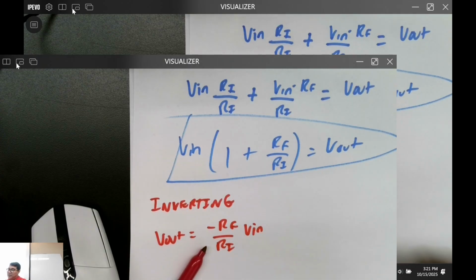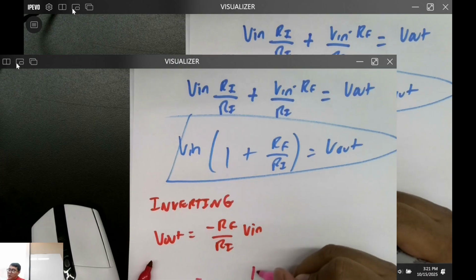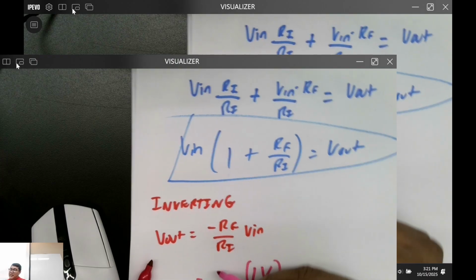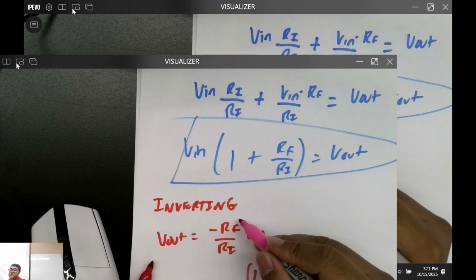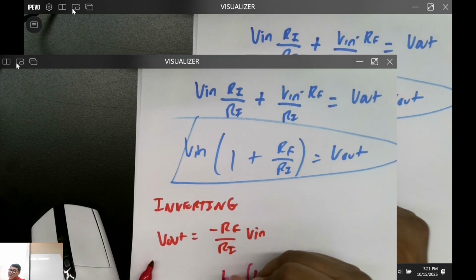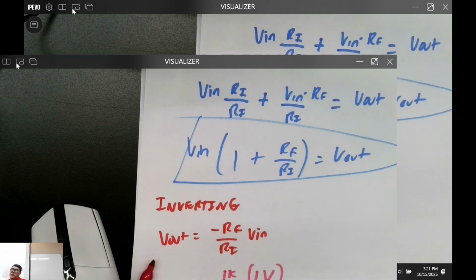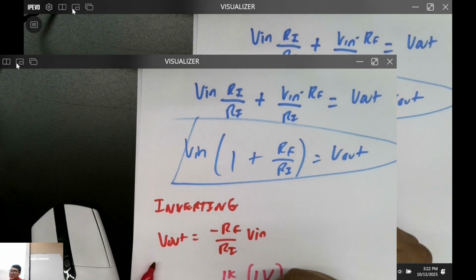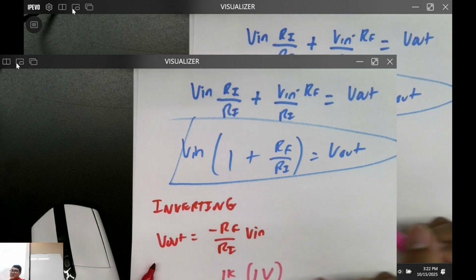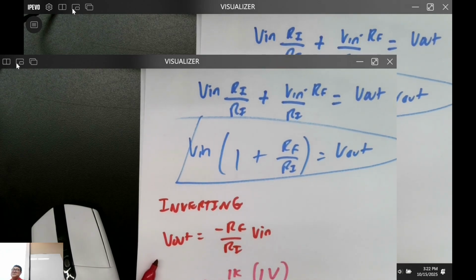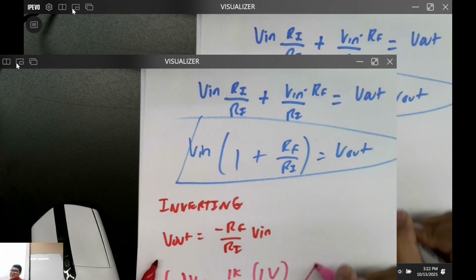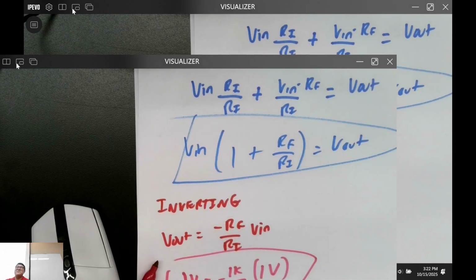And if our input right here is going to be 1 volt, our feedback resistor, or Rf, is 1K, and our input resistor Ri is also 1K, what's this all equal to? Minus 1 volt. So we're going to see minus 1 volt.